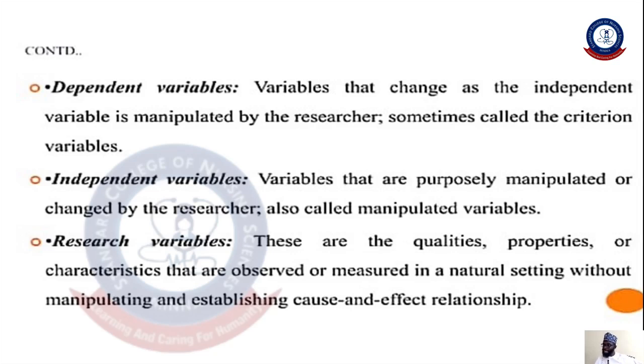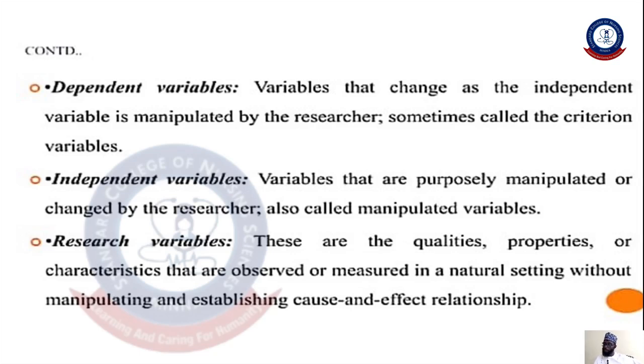So when there is change in that individual, or if that individual is manipulated, of course, either the height or the weight of that individual will change. So dependent variables, these are variables that depend on an independent variable.